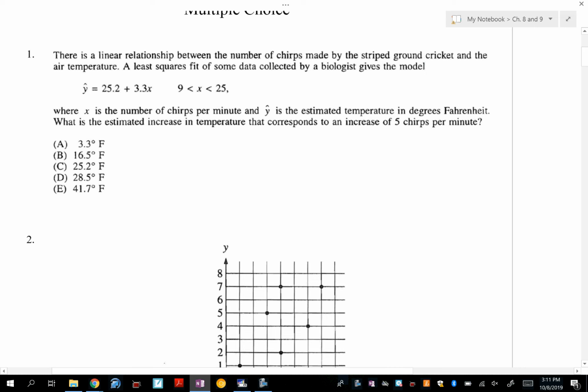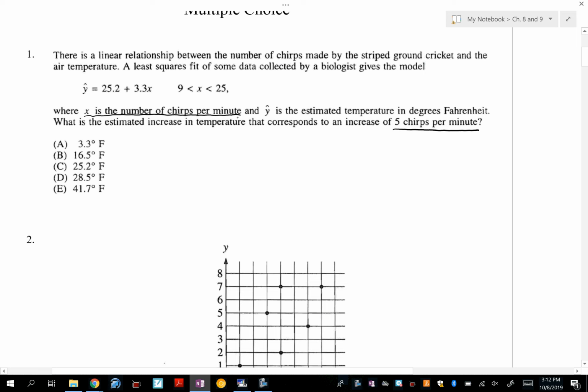The chirps from crickets. It says, what is the estimated increase in temperature that corresponds to an increase of 5 chirps per minute? Well, if you look at this, it says x is the number of chirps per minute.